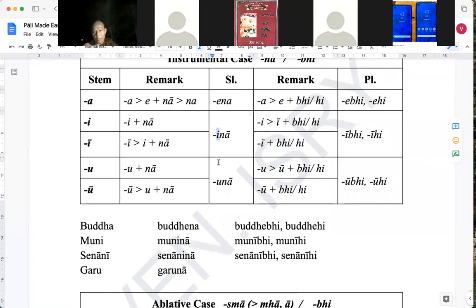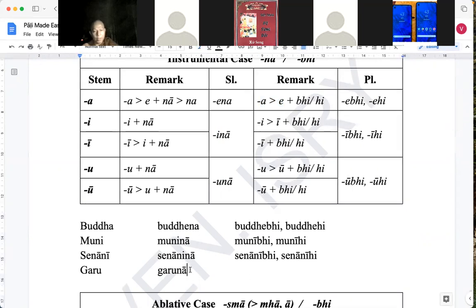So here A or I Na, here U Na. Except the A. A is special one, A is changed to long A in plural also. But E and U in singular, long vowel becomes short. In plural, short vowel becomes long, opposite to each other.